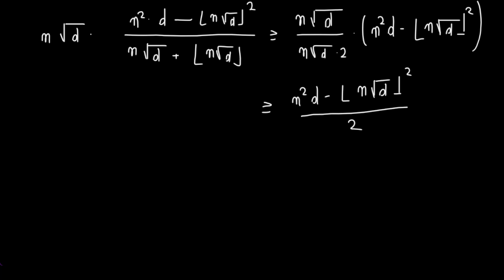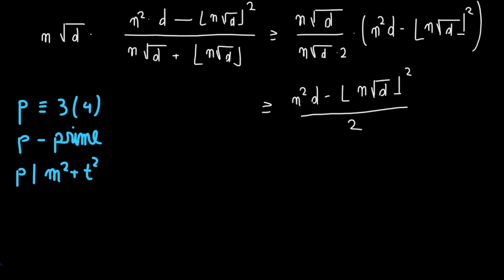So let's start to put some context. I have here a number minus a perfect square, and we have the idea to take something modulo 4 and you have a square. Yeah, that's right, you have to think of this property. If you have a prime number p congruent with 3 modulo 4, and p divides m squared plus t squared, then p divides m and p divides t.